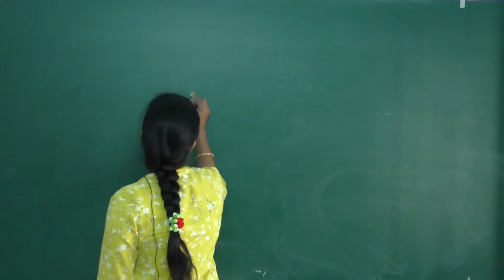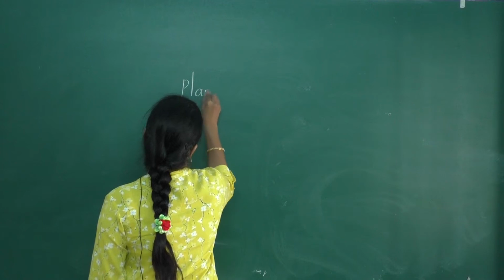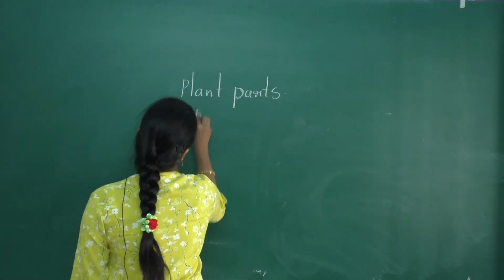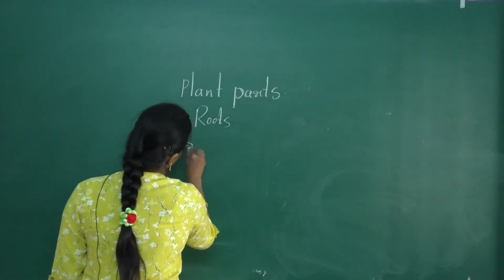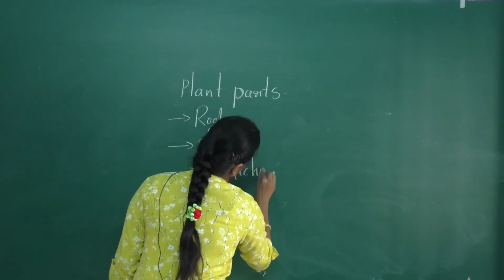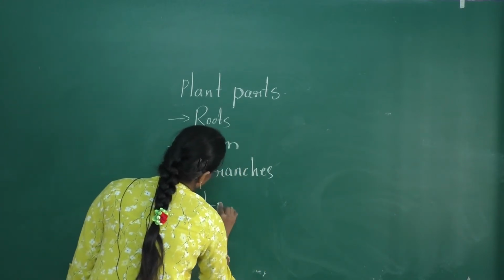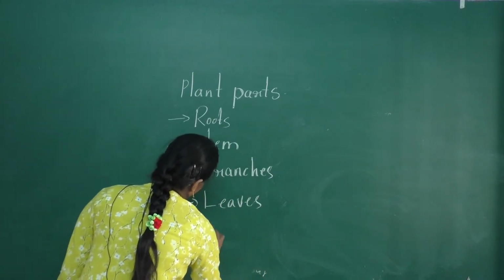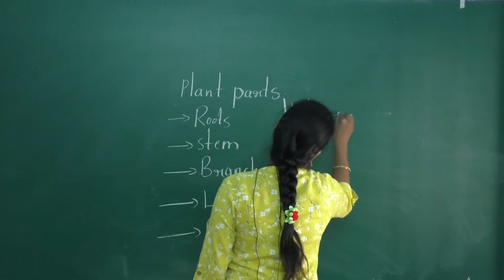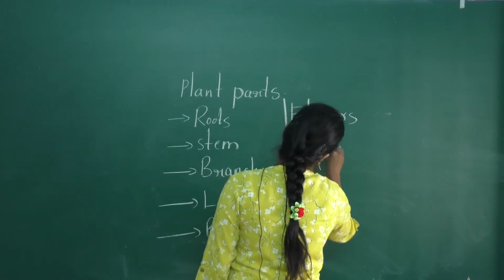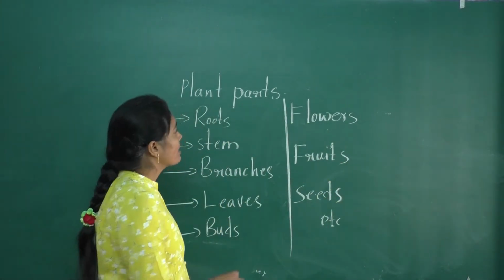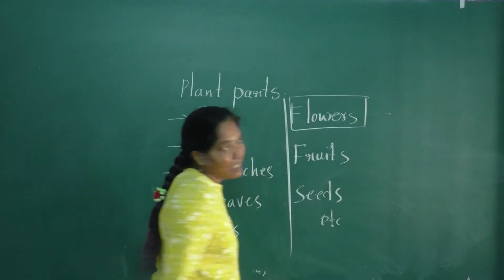Roots, stem, branches, leaves, buds, flowers, fruits, seeds, etc. So, among all these parts, flower is the most important part of the plant.